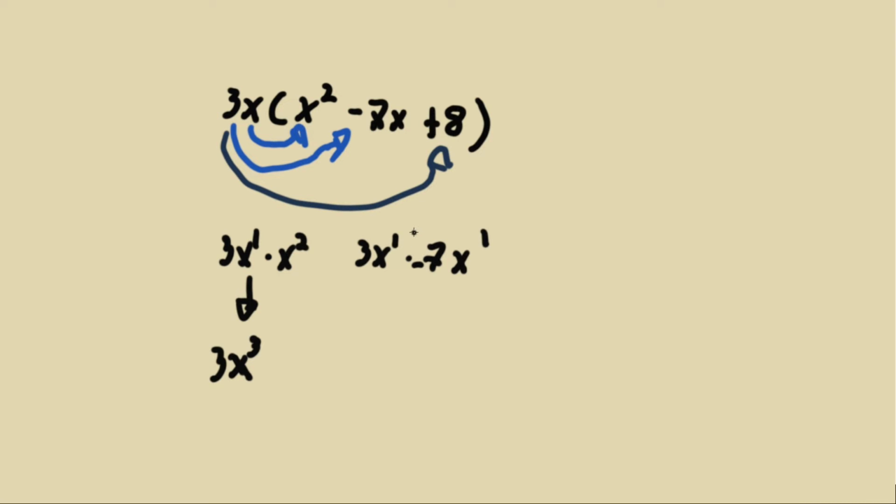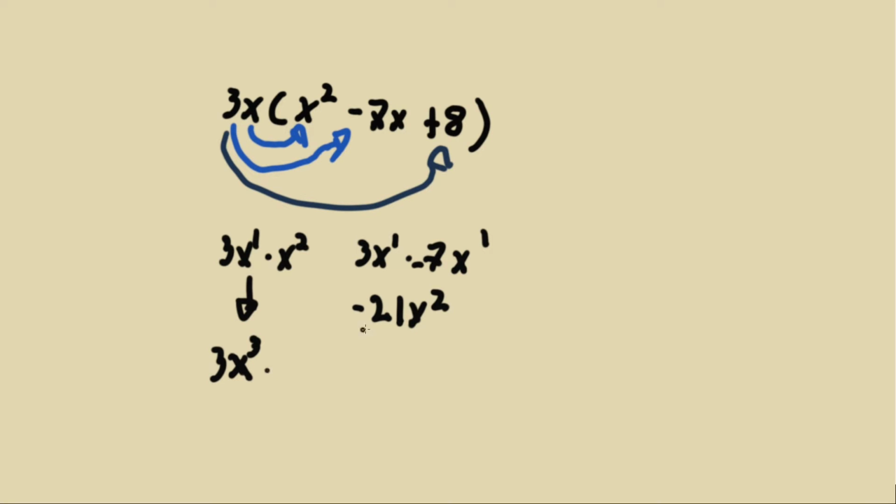Of course, we still have to multiply them right here. So hold up. 3 times 7 is 40, or no, it's 21. So this is negative 21x to the power of 2.